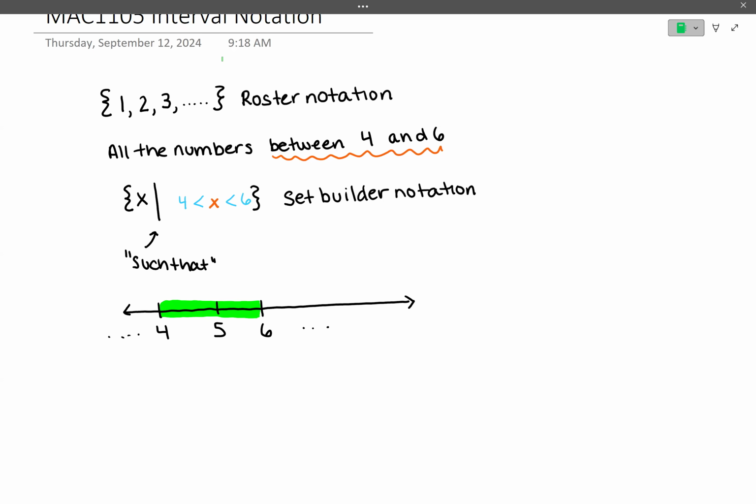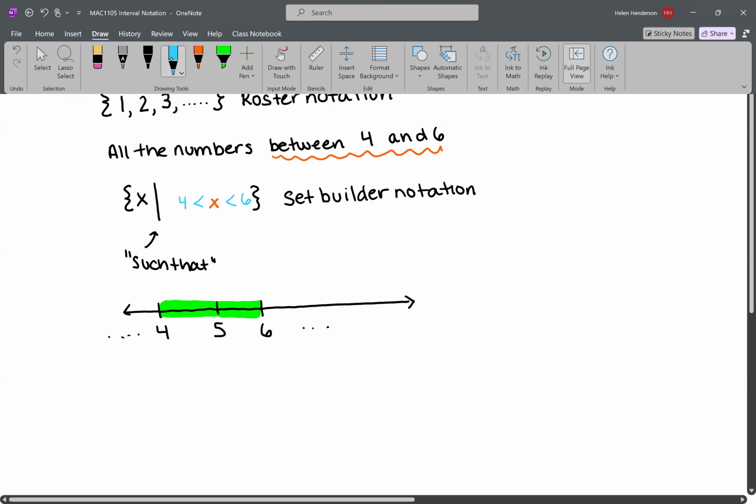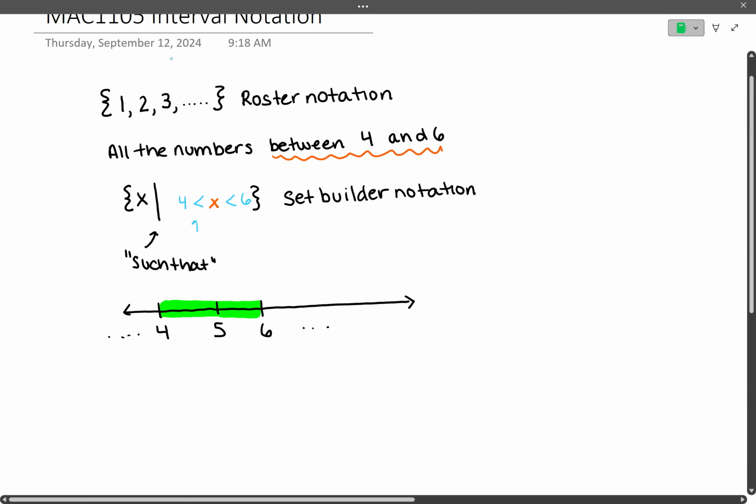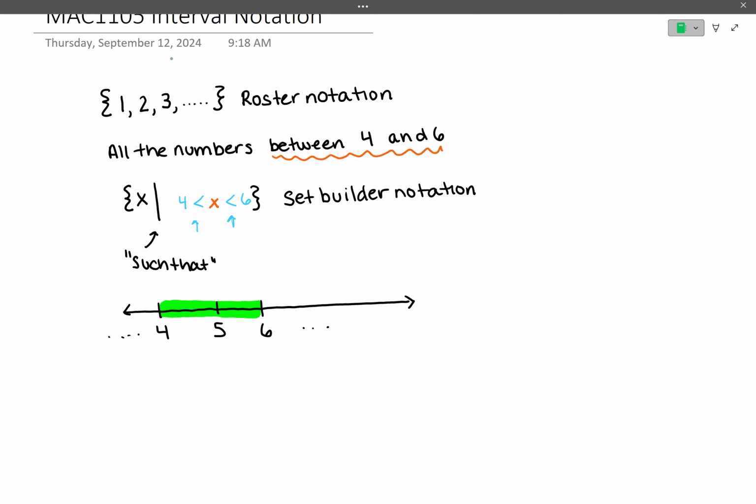Now, you'll notice in this example that I said that they're strictly between 4 and 6. So I need some sort of notation on this number line that says, hey, reader, not equal to 4, not equal to 6, strictly between. So the symbol for not equal to, like you can see it in blue here, it's x is bigger than 4, not bigger than or equal to.